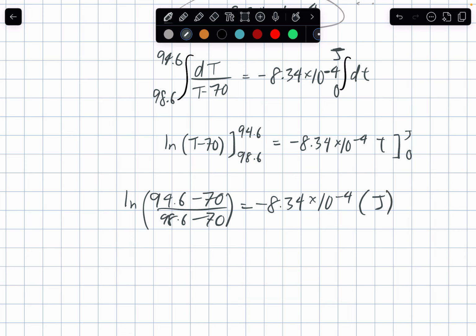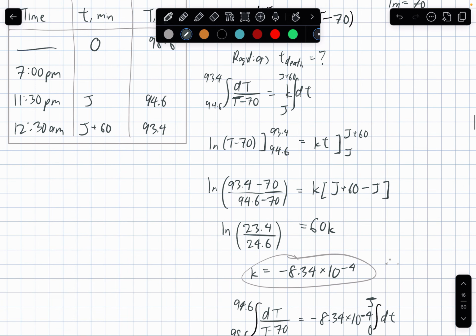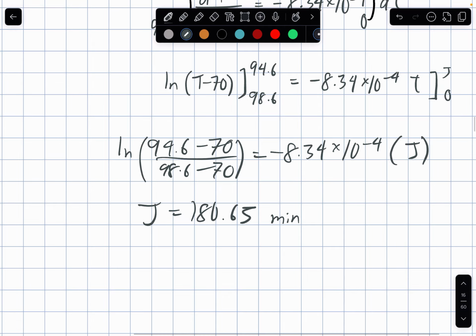J minus 0, which is just J. Okay, calculate. 94.6 minus 70. J is equal to 180.65. This is in minutes.